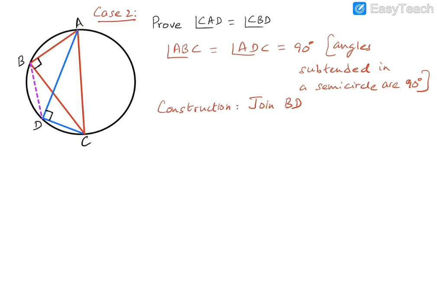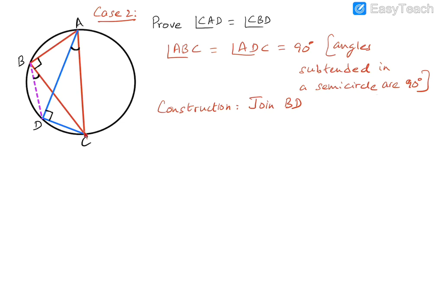And now we have to prove that the angle CAD and the angle CBD are equal. So let's see, where are those angles? The angle CAD is this angle over here, which is the angle between this red and blue line. And the angle CBD is the angle between the red and the pink line over here.